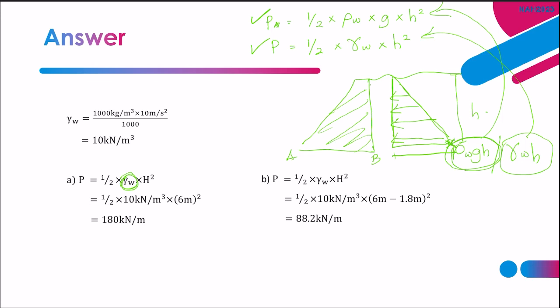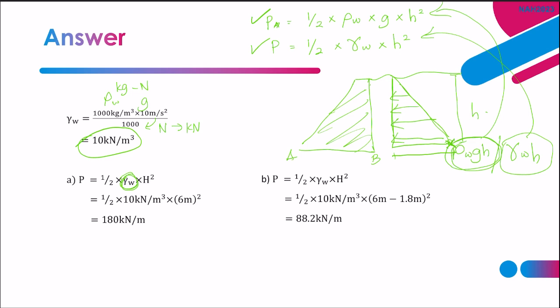You know that density, we want to change to unit weight, we have to multiply by gravity acceleration, and divide by 1000 because we want to change from kilogram to Newton, and from Newton to kilonewton. That's why divide by 1000. 10 kilonewton per meter cube is fixed. That is the unit weight of water. If it's not given, then you know that is the value of unit weight of water.